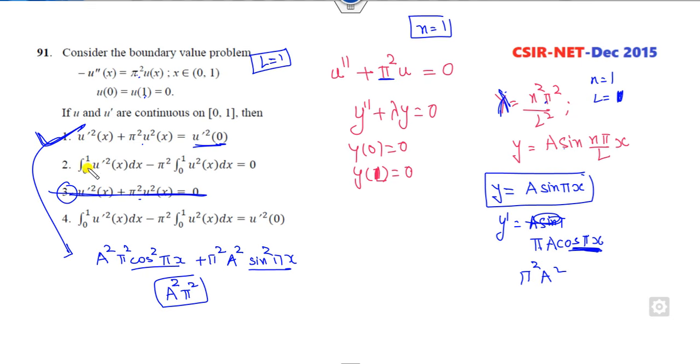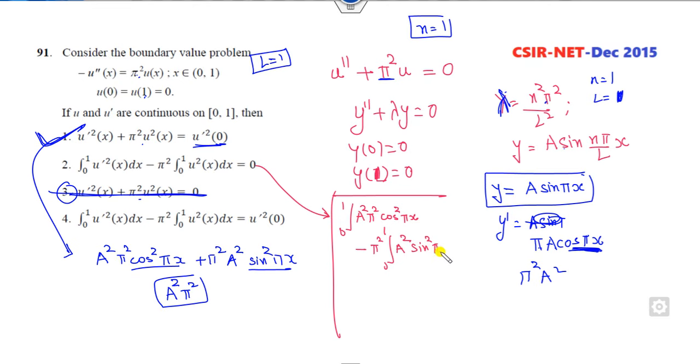Look at the third option, second and the fourth option, either one of them is correct. So look at this one option. Integration of u dash square, so it is my A square pi square cos square of pi x minus pi square, integral 0 to 1, u square, A square sine square of pi x. Fine. Now what is that?